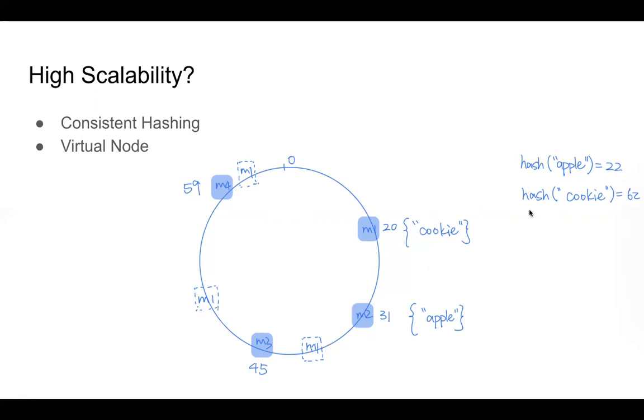Similarly, if we have a word cookie whose hash code is 62, which corresponds to a position here, we can map this hash code to machine M1.